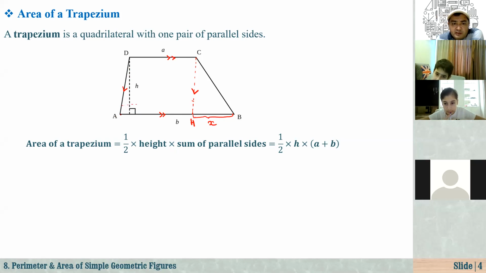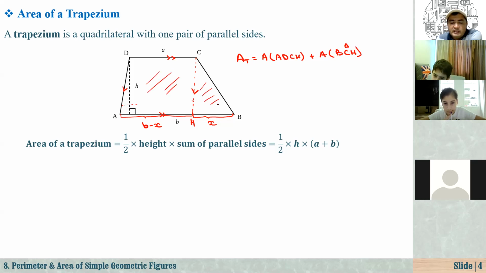Since AB is equal to B, the remaining part should be B minus X. So the area of the trapezium is equal to the area of ADCH plus the area of triangle BCH. If you add them together, it gives us the area of the trapezium.